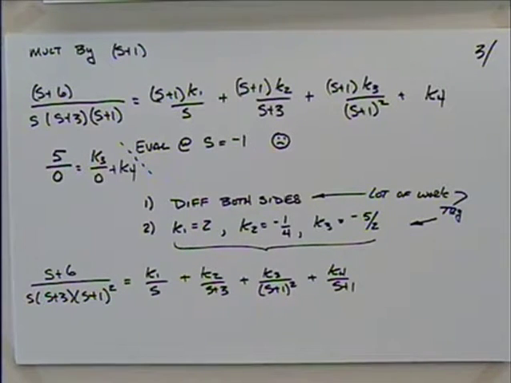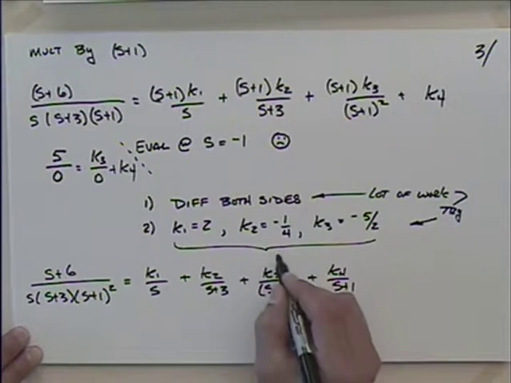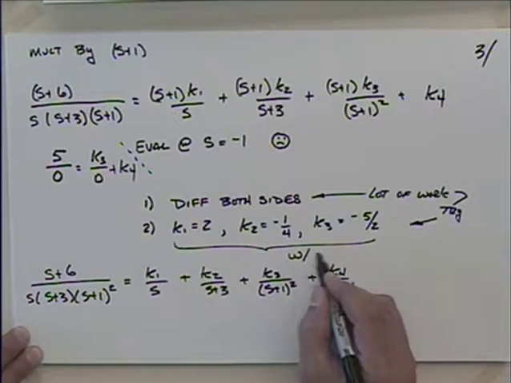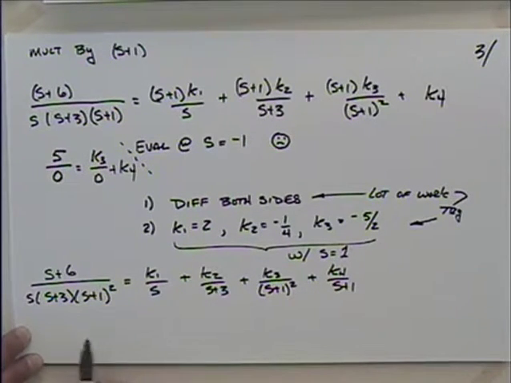So I'm going to say then, if I put the values in here, I think I'll just go ahead and plug these in here with s equal to 1. It's probably as easy to put in as anything.